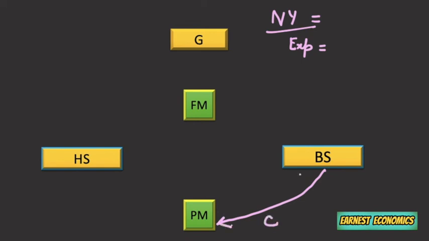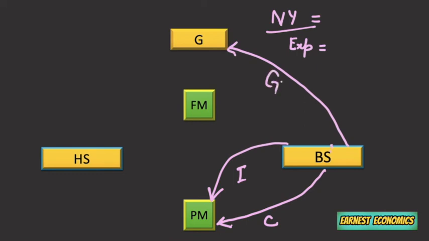One is consumption expenditure, the second is investment expenditure, and the third is the expenditure incurred by the government sector for purchase of goods that are produced in the business sector or firms of an economy. So the expenditure method will have three components to be incorporated: consumption expenditure, investment expenditure, and government expenditure. So this is one method that we need to keep in mind.